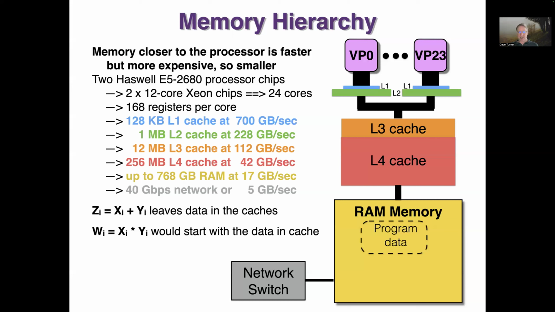You get 700 gigabytes per second going from the L1 cache to the processor. So what I want to illustrate is that with these different caches, even though they're managed by the processor itself, you can write your algorithm in a way that reuses the L1 caches or the low-level caches that are much faster to speed up your code.